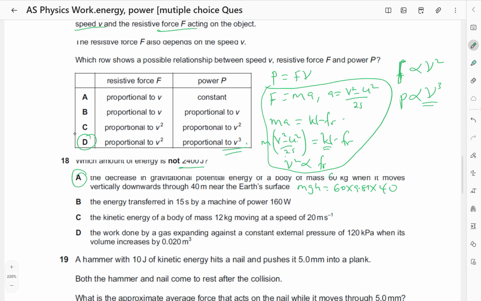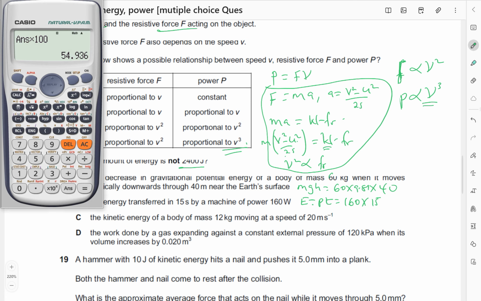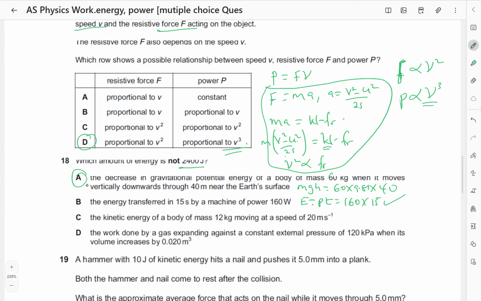The energy transferred in 15 seconds by a machine of power 160. So energy is equal to power times time, which is 160 times 15. I think that is 2,400. So this one is fine.